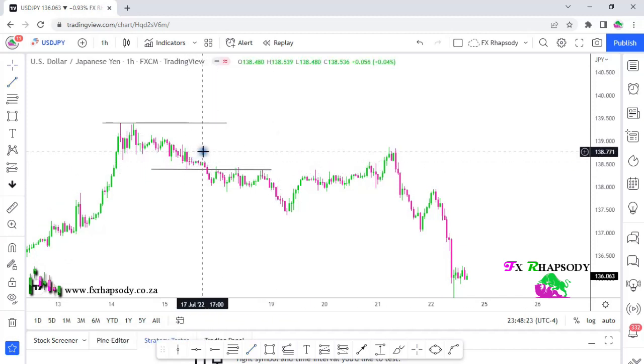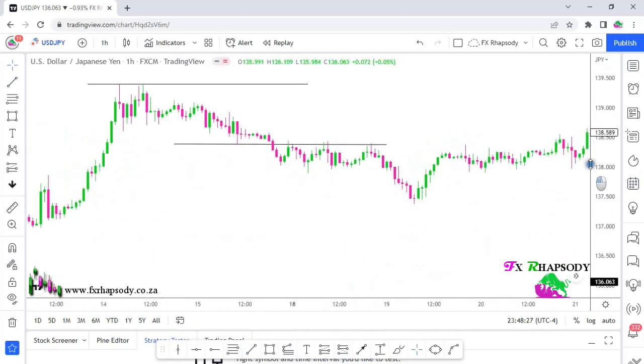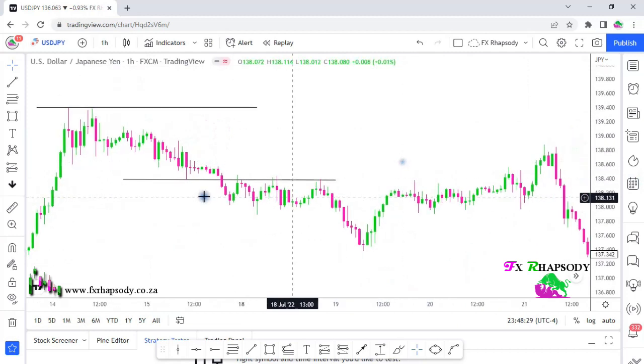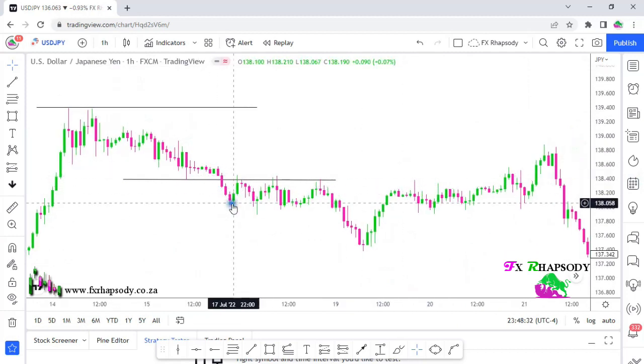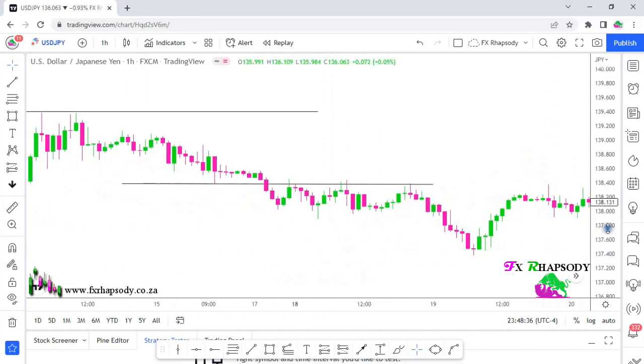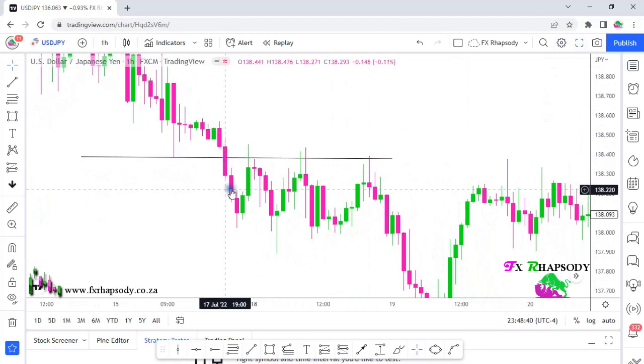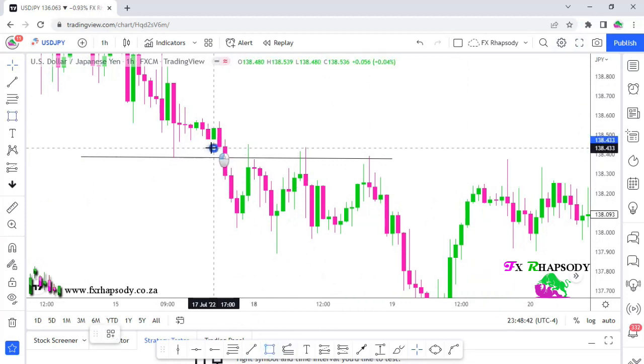So the week started off and we saw a nice area that was broken. Here we go. So we saw this nice break in this area, price going up again, retesting that. Where did it break? Just zooming in, it broke with this candle over here, and again we react to what price gives us.